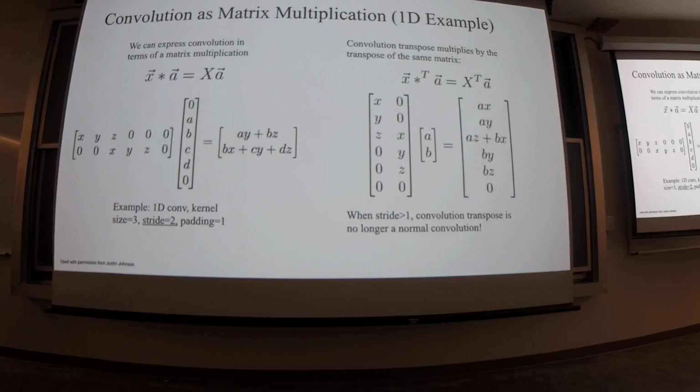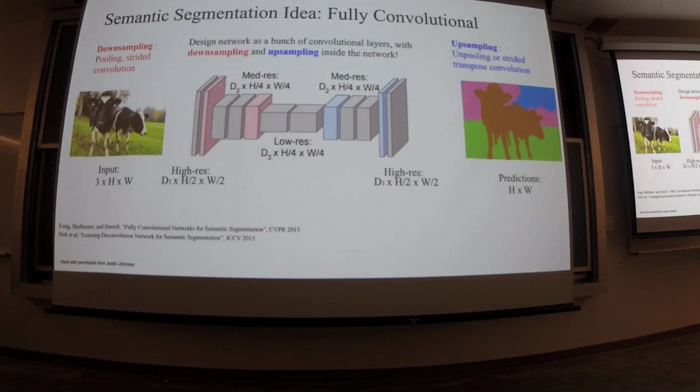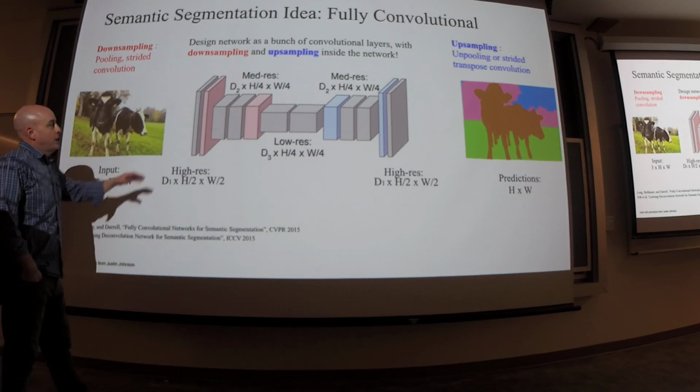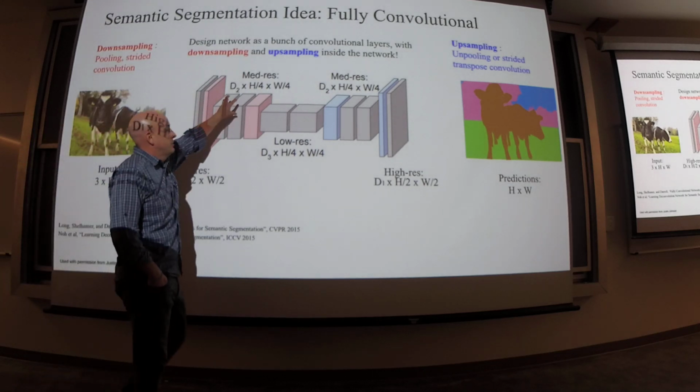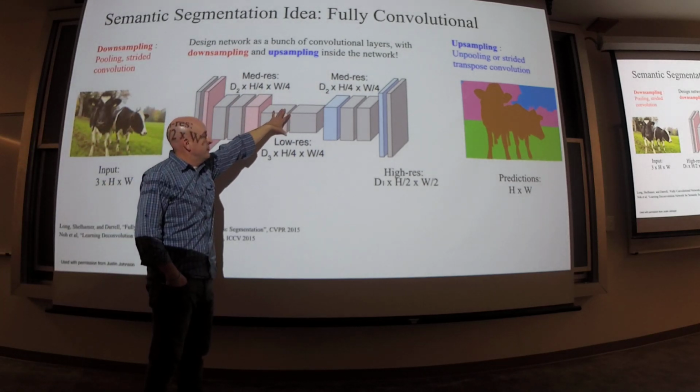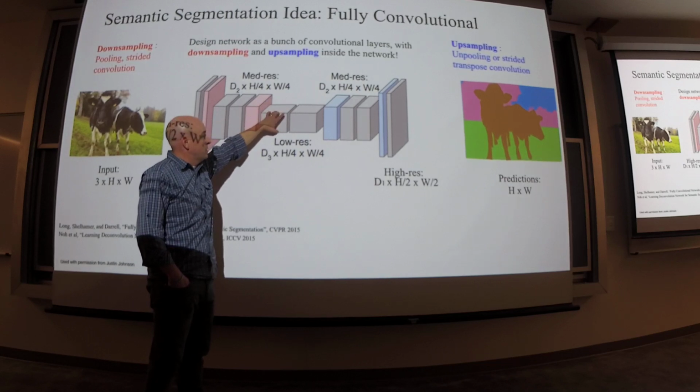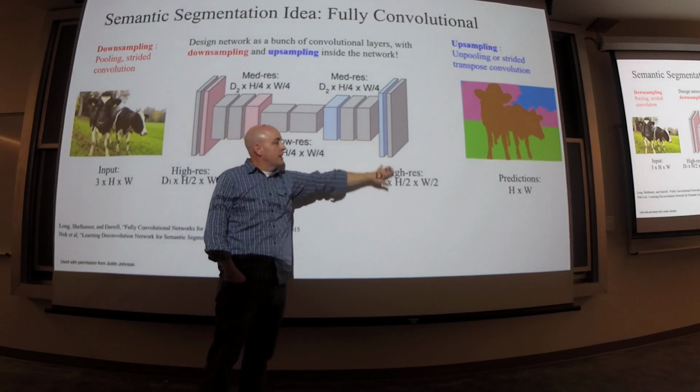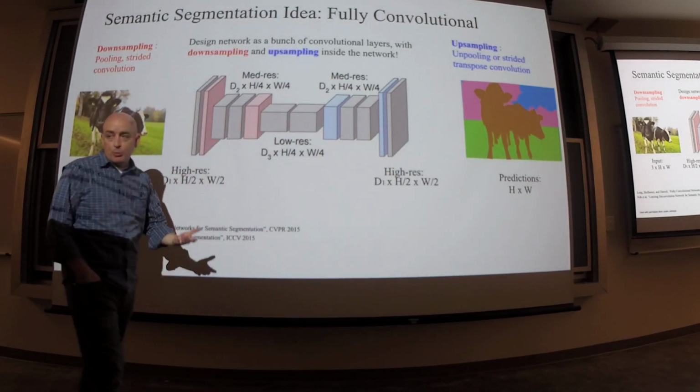So again, this is just a way to learn how to go from smaller spatial extent to larger spatial extent. Once you have that, you can learn a network like this that allows you to compress the image down to these smaller spatial extents and then extend it back out again and make your predictions per pixel.